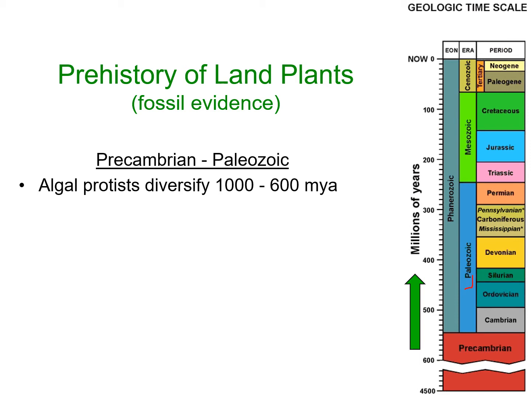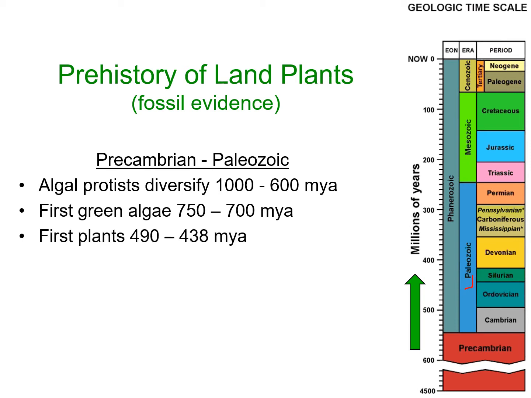That means that you get more and more new different species evolving around 1,000 to 600 million years ago. And then the first green algae appeared around 750 to 700 million years ago. And the first plants, by contrast, were much more recent, about 490 to 438 million years ago.